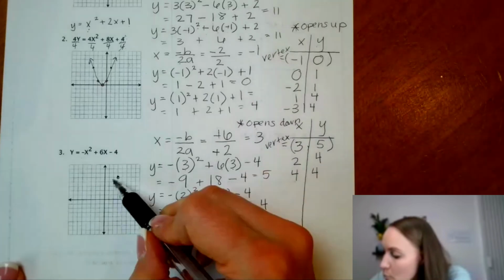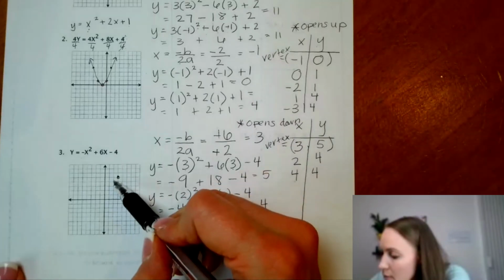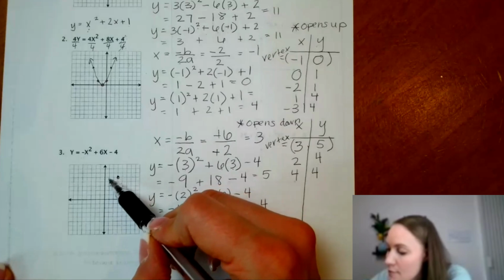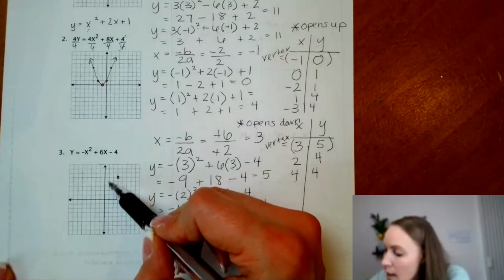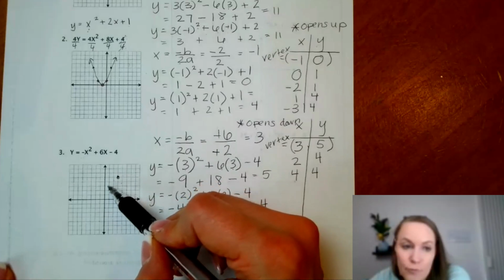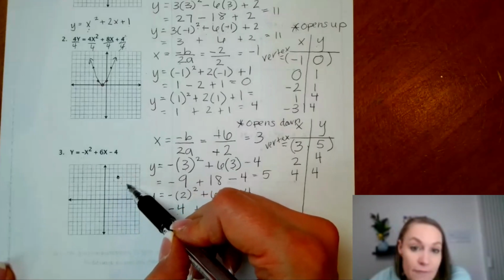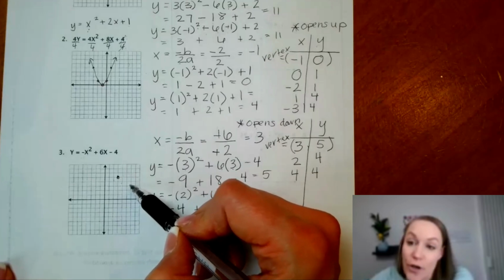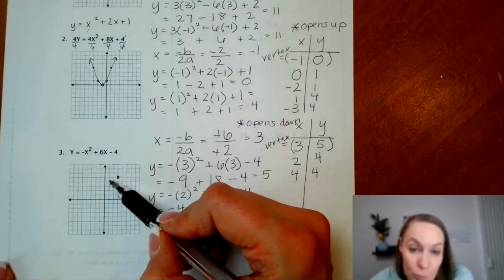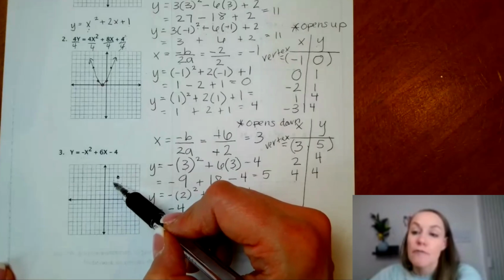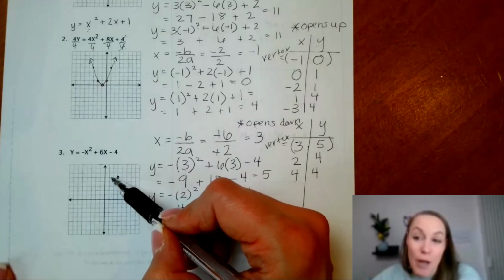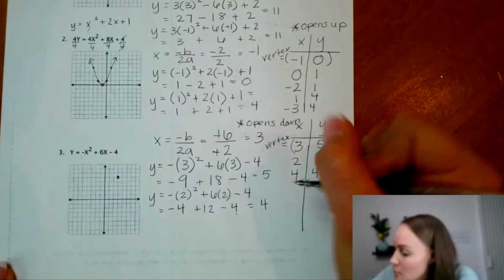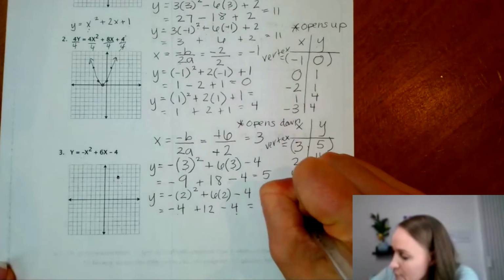Okay, and I can go one more on my vertex so I can get a better idea of how this graph is going to look. I'm going to plug in positive 1. Now you could plug in 5 to get the same answer, but because I'm squaring and multiplying, if I plug in 1, it's going to be a little bit quicker for me to do the math because I'm dealing with smaller numbers. So I'm going to do 1 and 5.